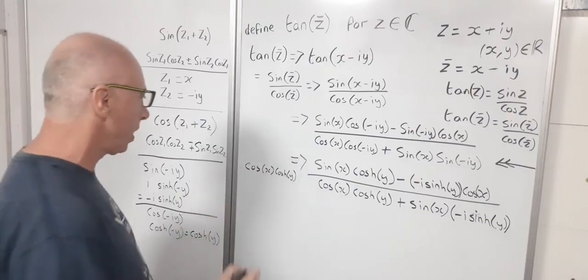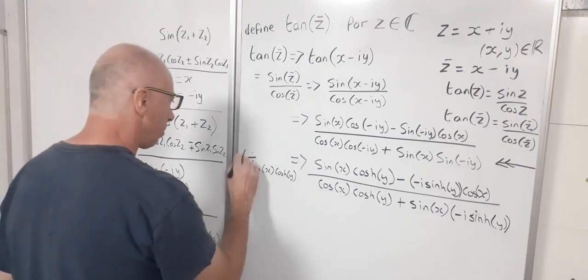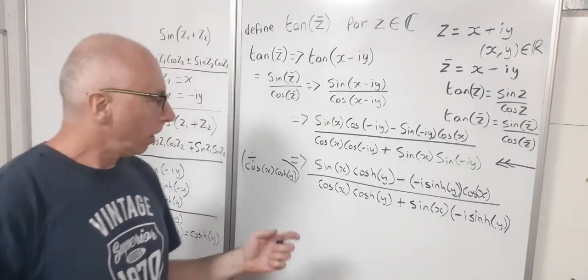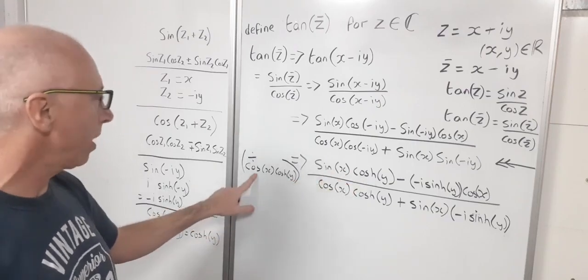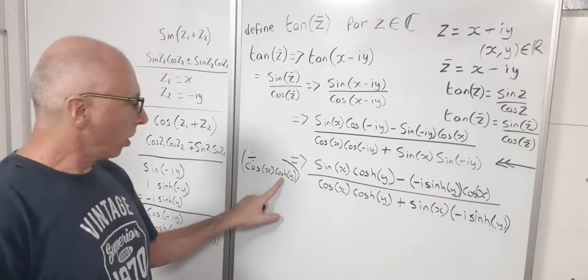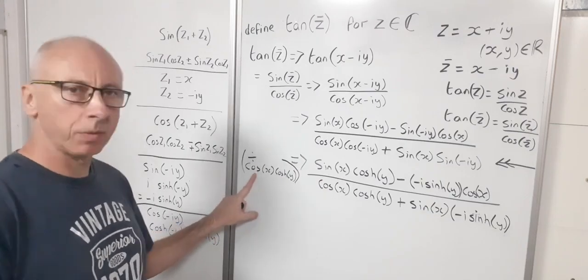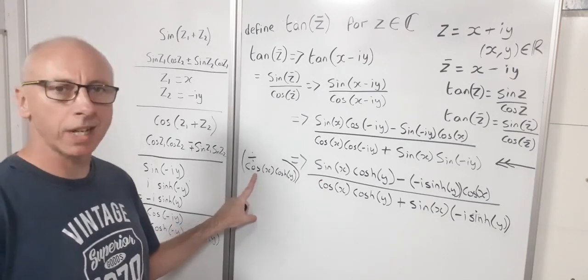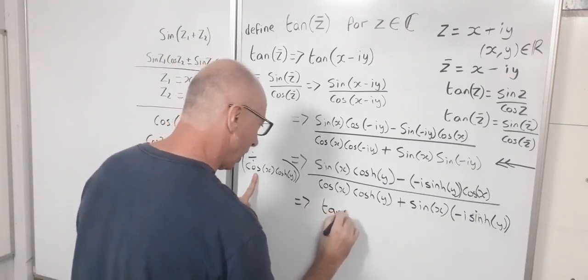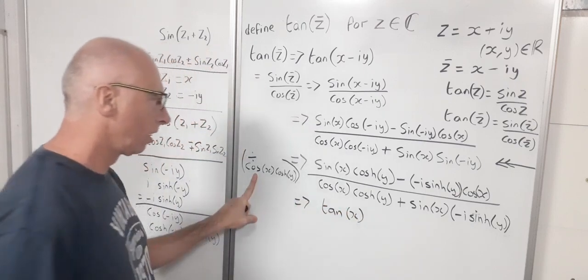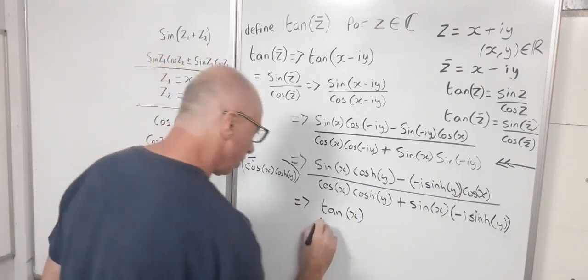So let's go through it. So I'm going to divide everybody by this. Okay, so sine of x, cosh of y, divide it by this. Well, the coshes will cancel out. Then I'm left with sine over cosine, which will leave me with tangent, which is ideal. That's where I want it to be. So now I've got tangent of x. So that's the first part of my numerator.